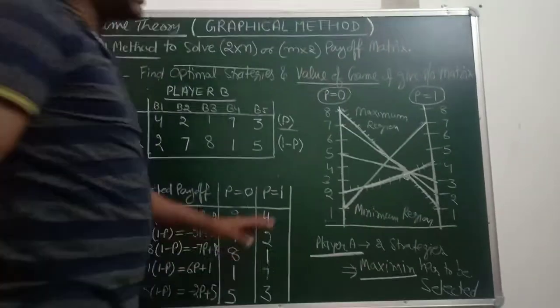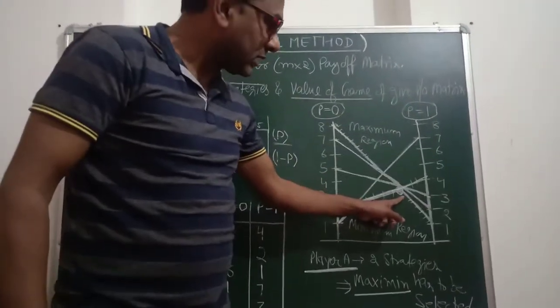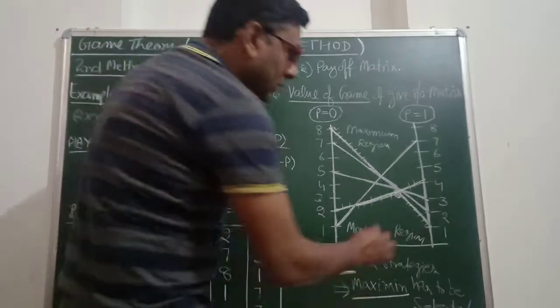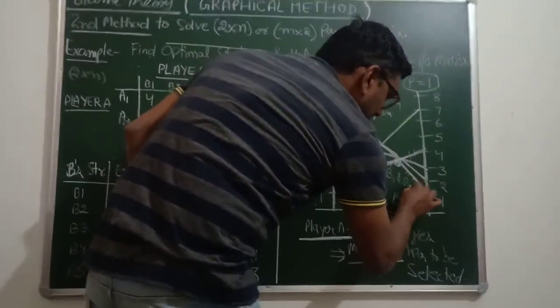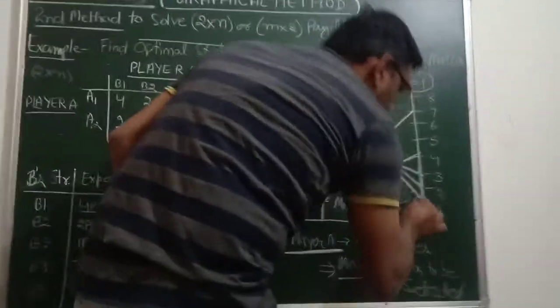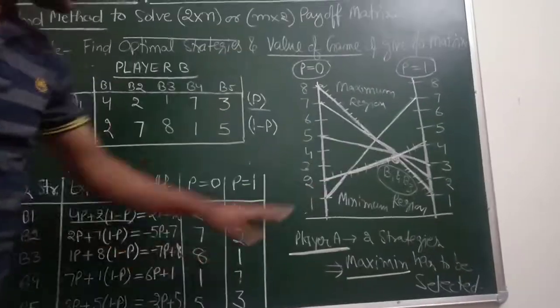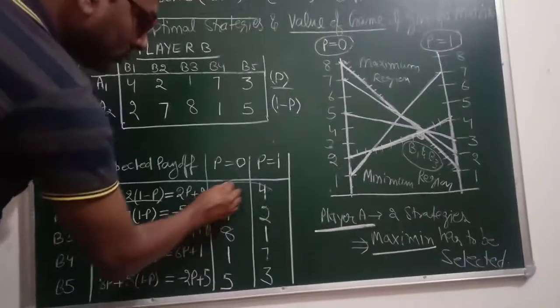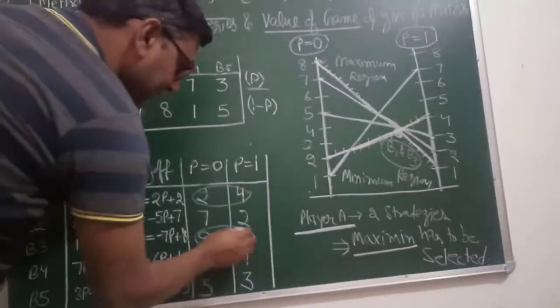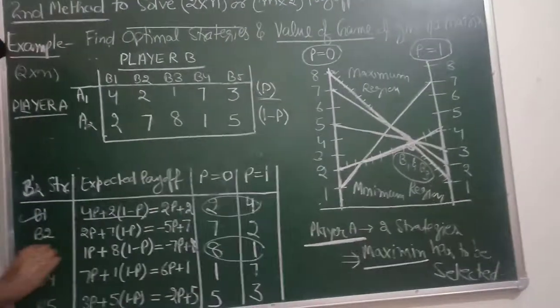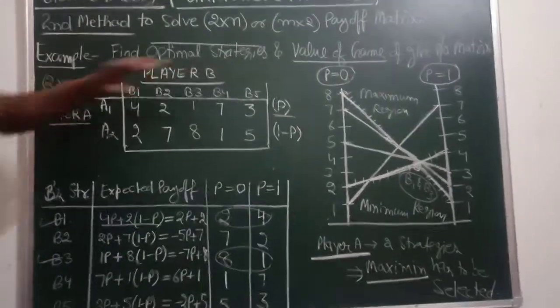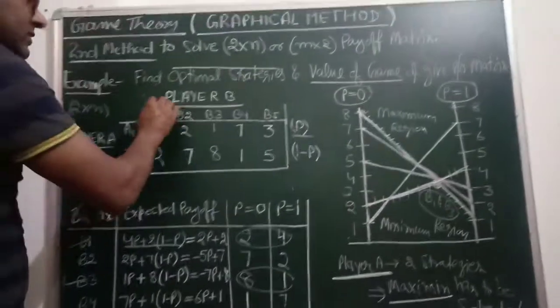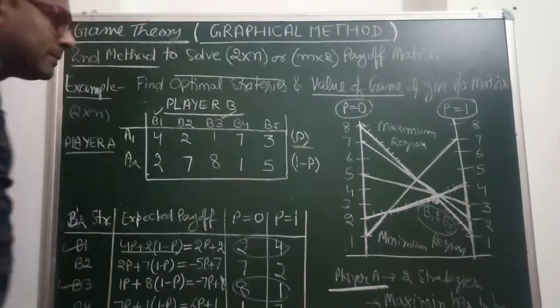So this point lies on the intersection of 2 strategies, that is B1 and B3. Here also you will see that this is 2 4 and this is 8 1, and these 2 values are for strategies B1 and B3. So from player B's point of view, only strategies B1 and B3 are important.